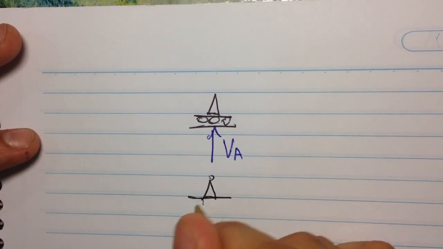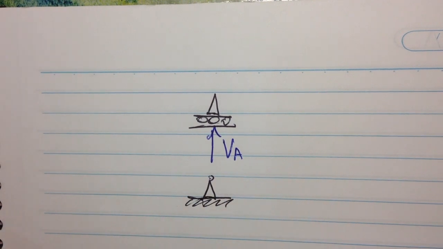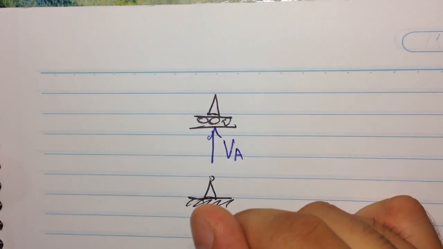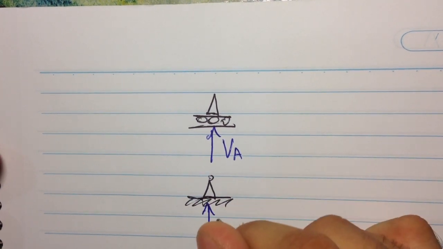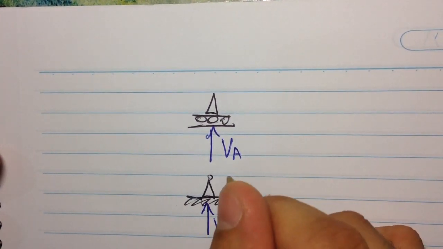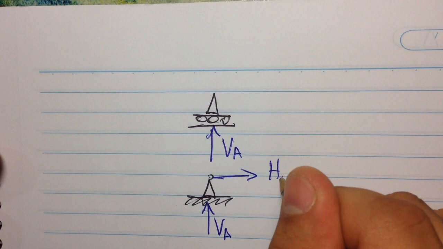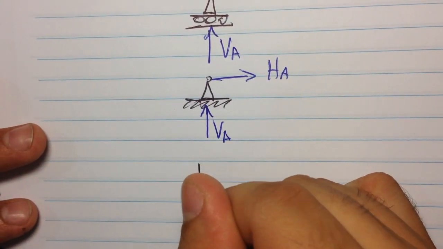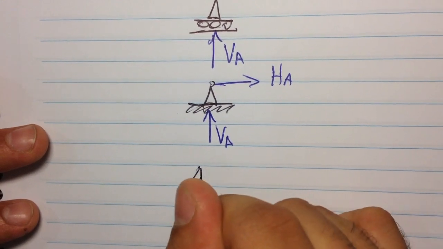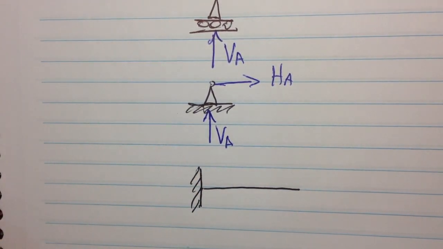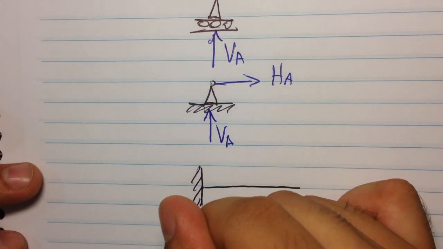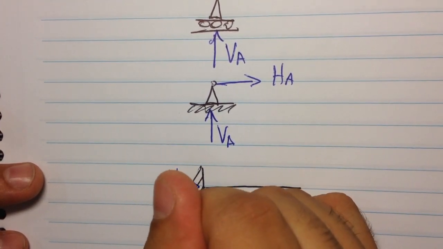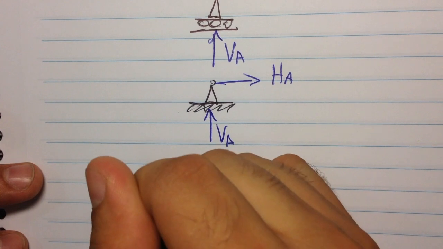A pin support is restrained in the X direction and Y direction, so we're going to have two reactions, a vertical reaction and a horizontal reaction. And the cantilever, we're going to have a vertical reaction, a horizontal reaction, and a moment reaction.